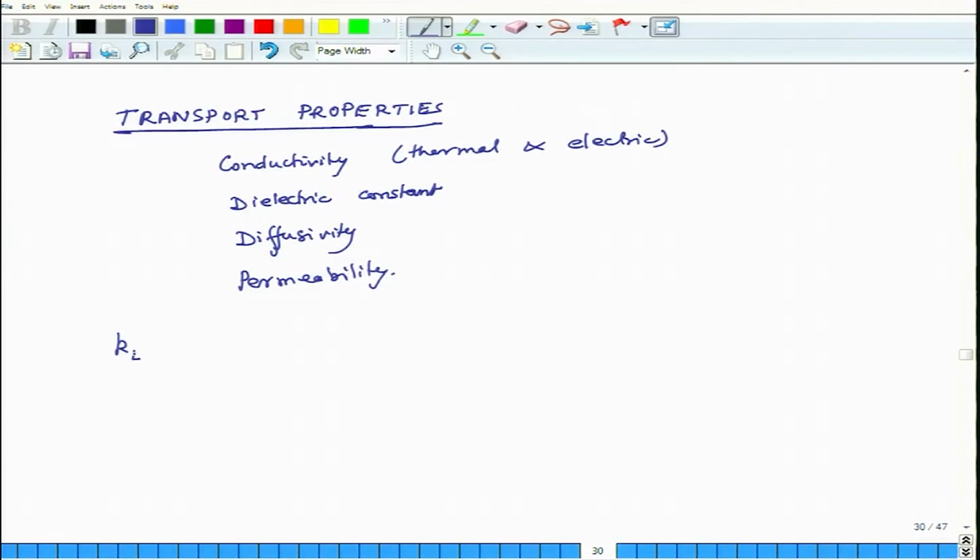So, for instance, we consider conductivity. Conductivity is K. So, KL, which is the conductivity of the composite in the longitudinal direction, is pretty simple.